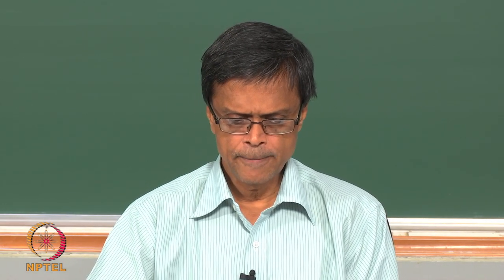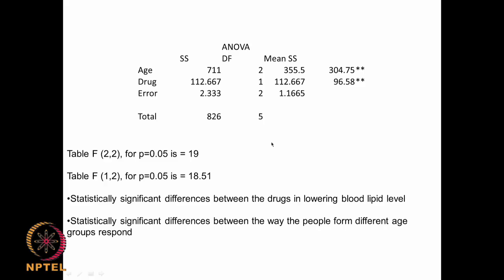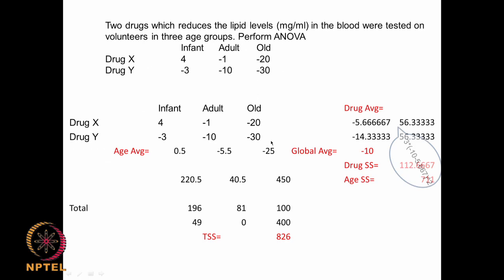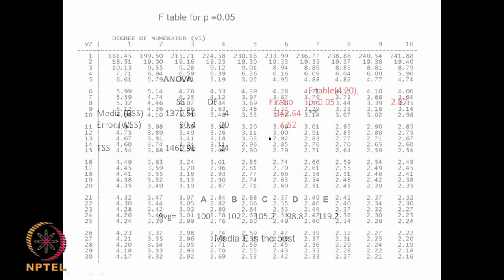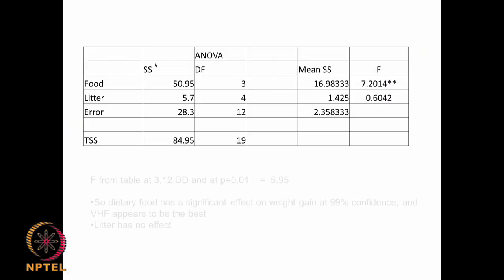Now for this we get F(2, 2) at 95%. Let us look at it. F(2, 2) at 95%, you see the F value comes out to be 19, right?